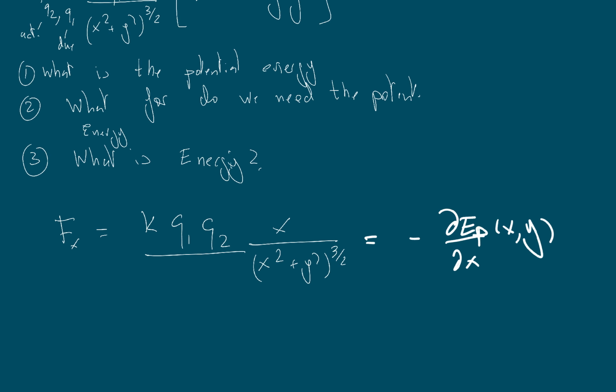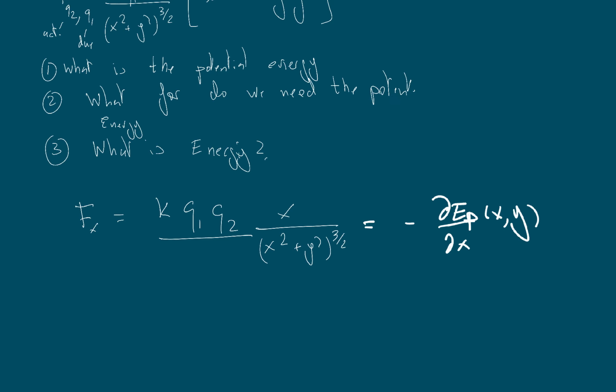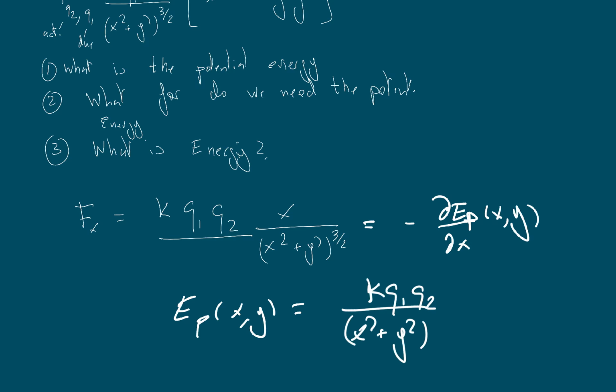So it's the same game that we have been playing before. So E_p of x, y will be a function whose partial derivative with respect to x will be x divided by (x squared plus y squared) to the 3/2. So the function clearly is K Q1 Q2 divided by (x squared plus y squared) to the 1/2.